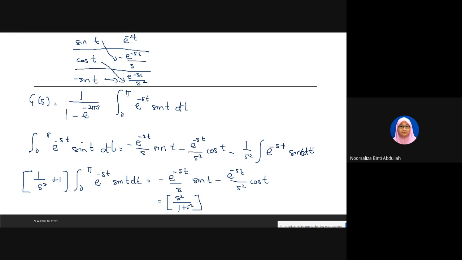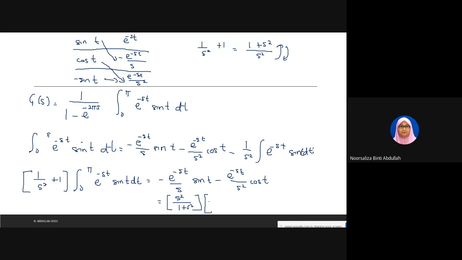Ni. 1/s kuasa 2 tambah 1 sama juga dengan you samakan pembawah dia s kuasa 2 1 tambah ini akan jadi s kuasa 2. Bila you bawa ke sebelah sini dia akan terbalik. Yang ini ke atas, yang ni ke bawah. Okey?